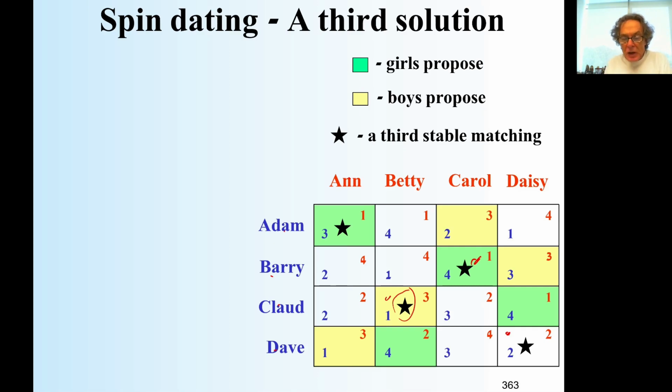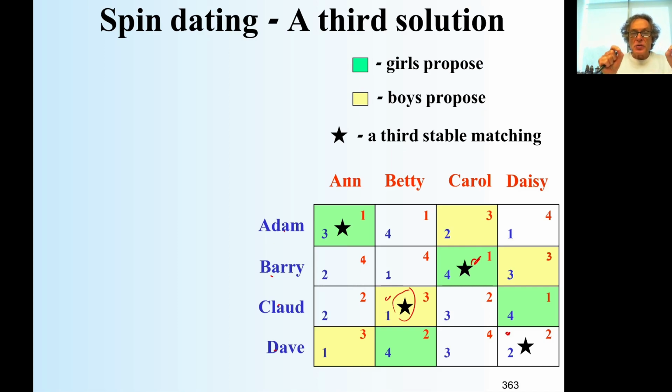But you can check, it takes time, but you can prove that in this specific example we have only 3 stable matches. If I had 1,000 boys and 1,000 girls, I may have hundreds or maybe even thousands of stable matches. So there are a lot.